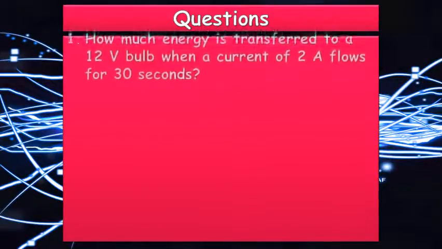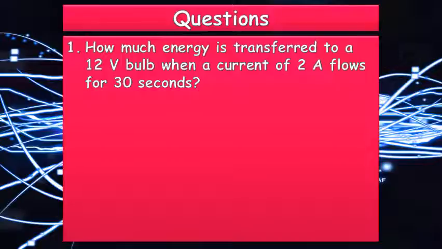So here's the final set of questions before the lesson ends, to make sure you've understood that concept. How much energy is transferred to a light bulb, which is 12 volts and a current of 2 amps, for 30 seconds? Pause the video, see if you get an answer, and then come back and see if you're on the right track. Our equation is energy equals current times voltage times time.